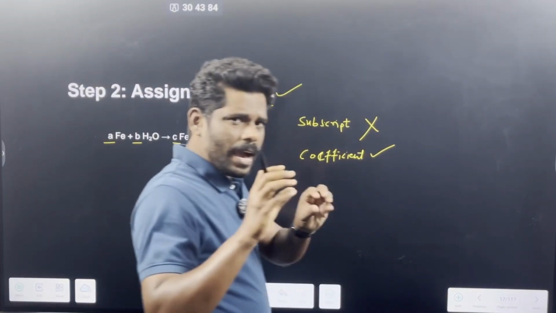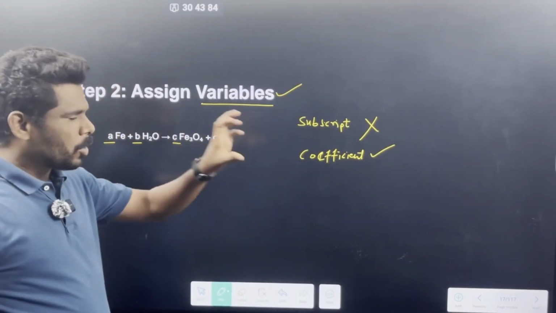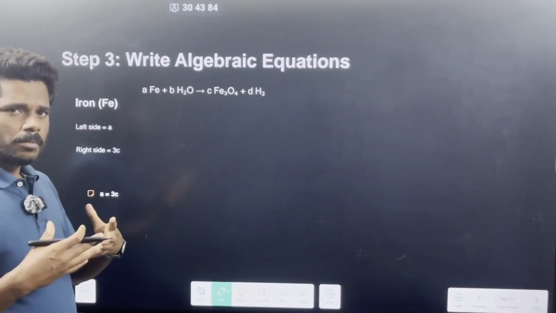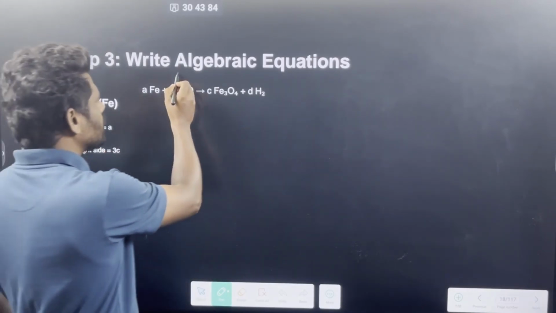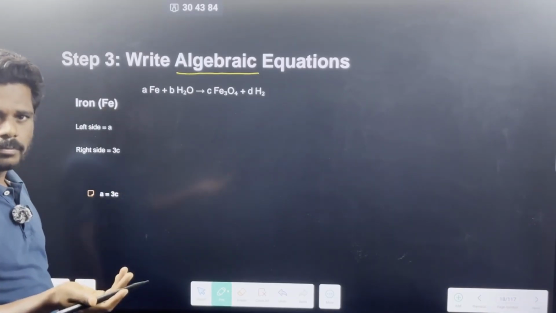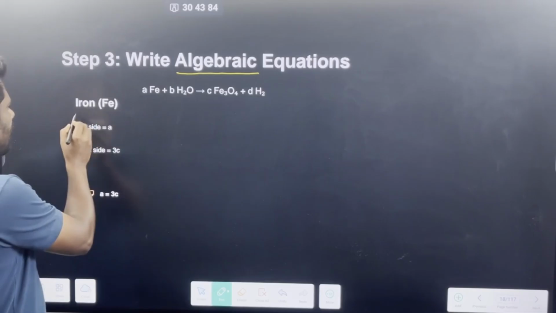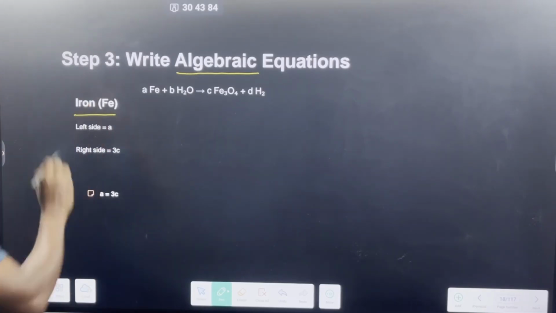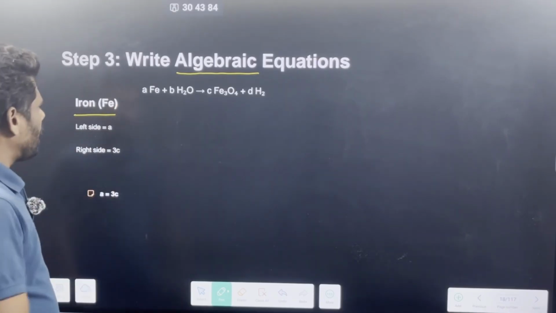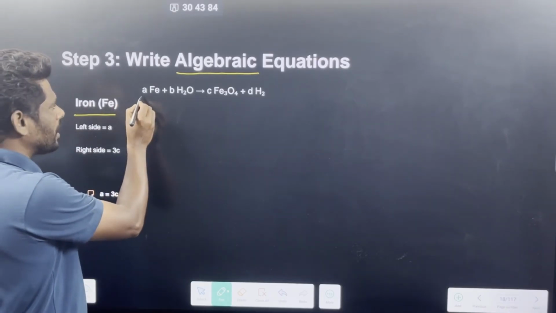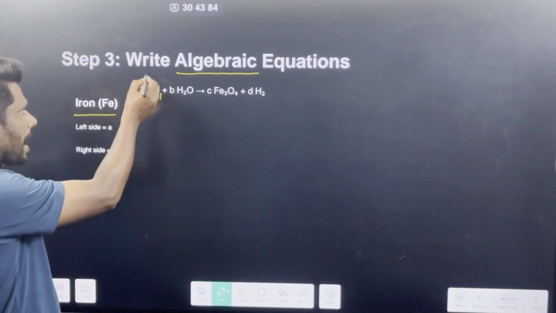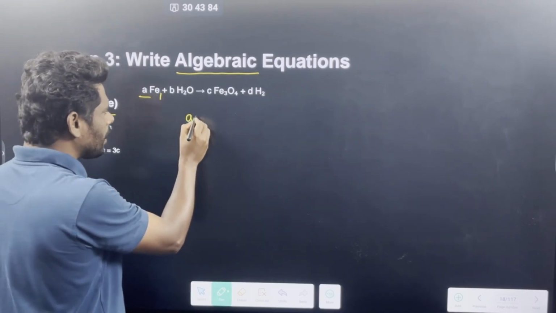Now, once we assign the variables for each reactant and product individually, in the third step, let us make some equations. We call them algebraic equations. So how to make the algebraic equations? How to write them? Simple. Just consider any of the atoms, say iron atom, as I have done in the earlier case. On the reactant side, the iron atom has the coefficient A, and since we have nothing here, the subscript is 1. So the number of iron atoms on the reactant side will be A into 1.